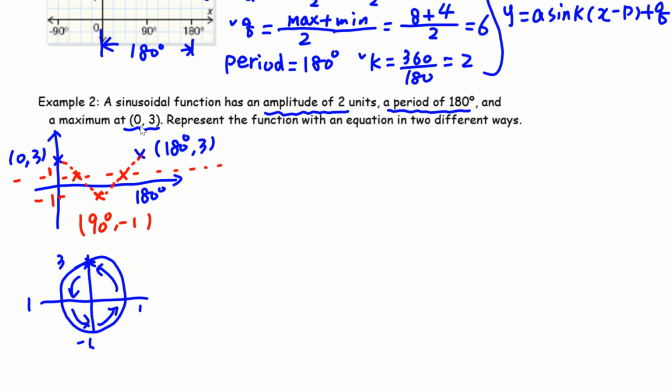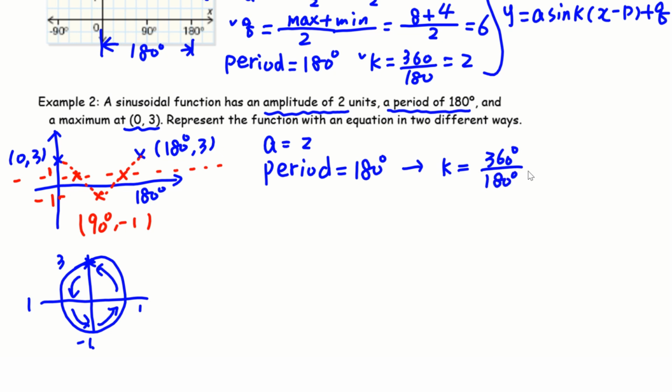And once we have the sketch, or even without the sketch, we could find that A is given as 2, and the period from the given information is 180. So from the period, we are able to find the K value. In 360 degrees, one cycle is 180, so you will have 2 cycles in 360.